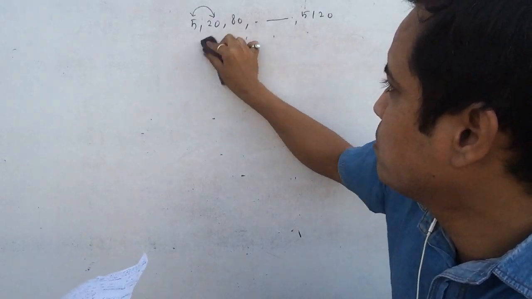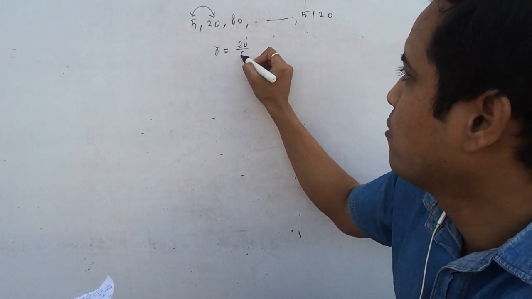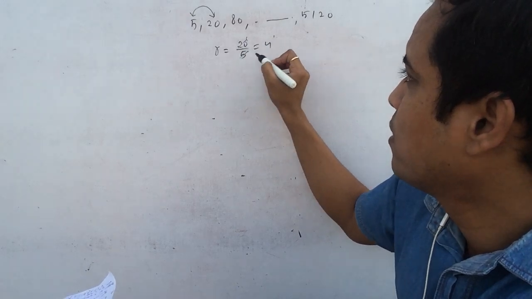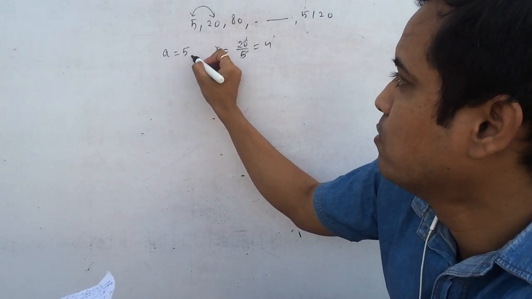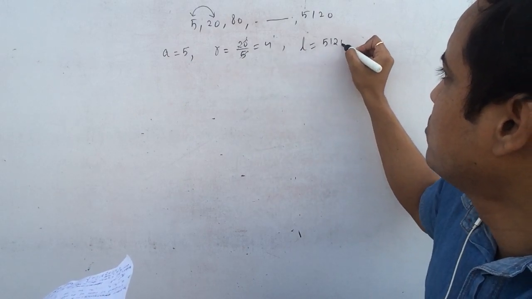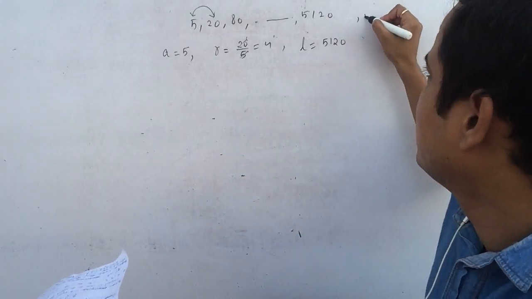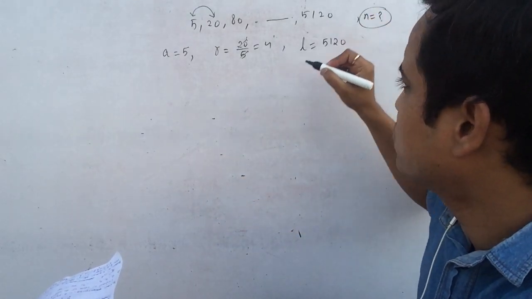So now the common ratio R equals 20 upon 5, which is 4. The first term is A equals 5. The last term is 5120. What do you need to find? You have to find the number of terms here.